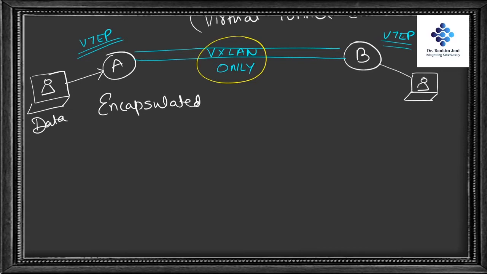Okay, so coming back to this, it is this A who tells that over here the encapsulation should be done, because then this VxLAN game would start. First there would be UDP encapsulation, then once again there would be one more encapsulation, IP encapsulation, and then the things would start traveling.